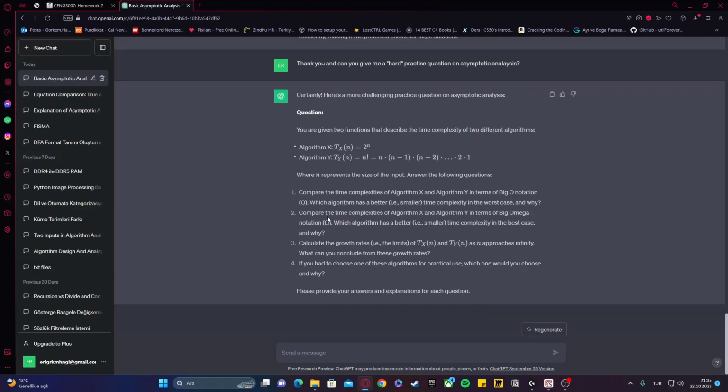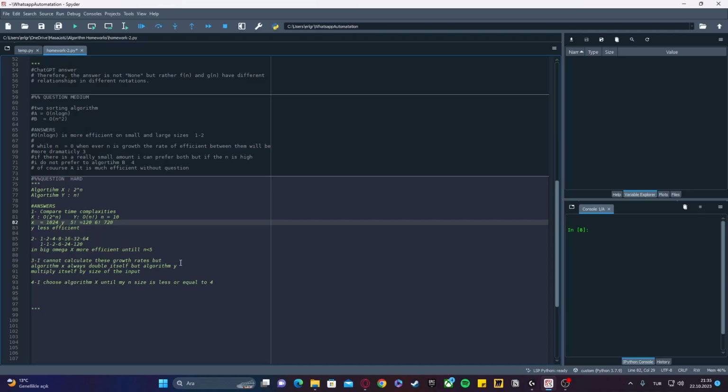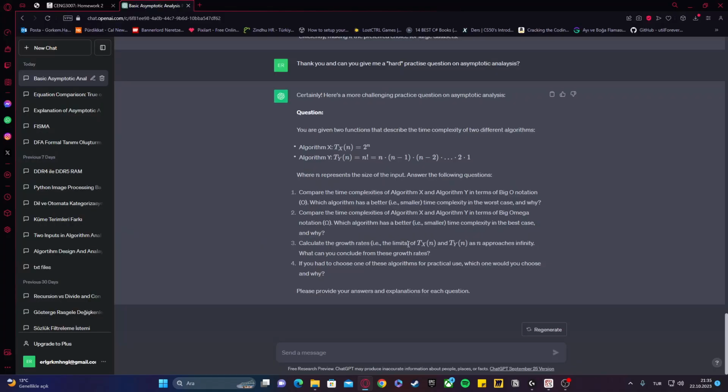And coming to comparing the complexity of algorithms X and U in terms of big omega, on average it will be the same as the big O notation, 2 to the n and factorial. Big omega will be the same.